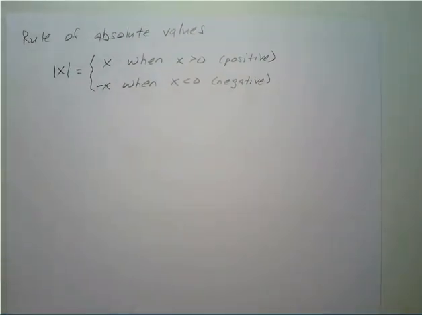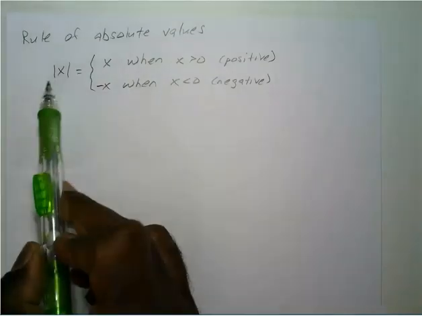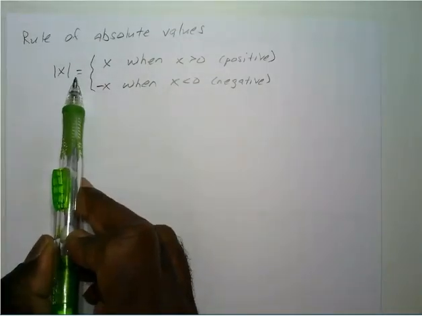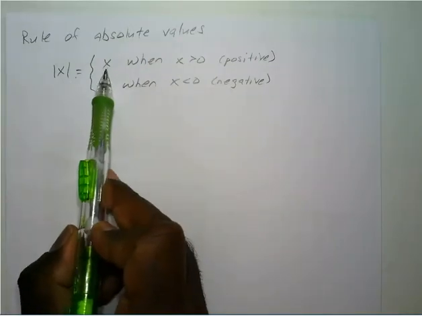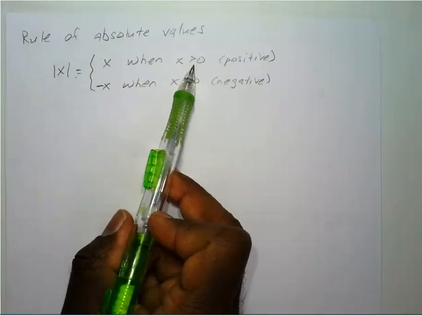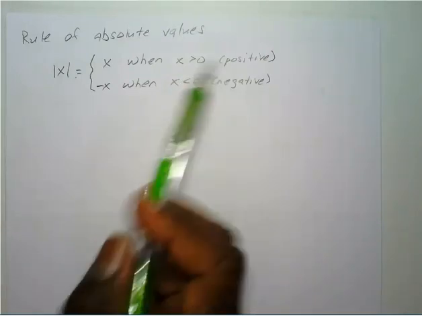Okay. Now, there are lots of rules of absolute values. Well, not lots, but there are a couple. But we're going to mainly focus on this rule. Okay. So the rule of absolute values states that the absolute value of x can have two different solutions. The absolute value of x is equal to x when that number x is greater than 0, or it's positive.